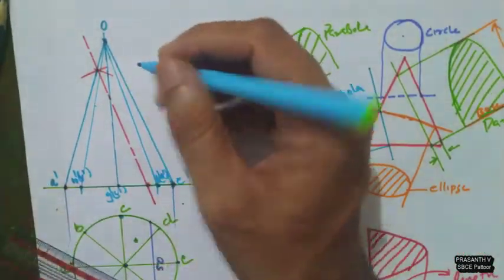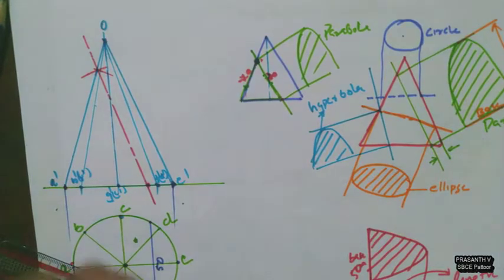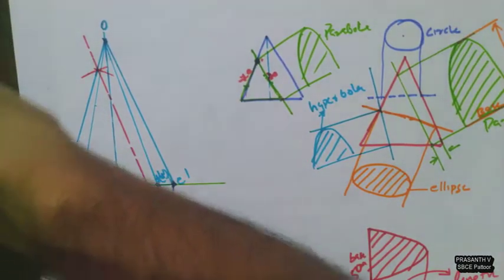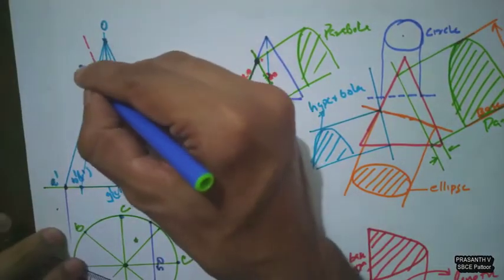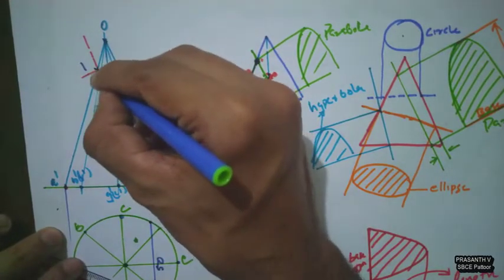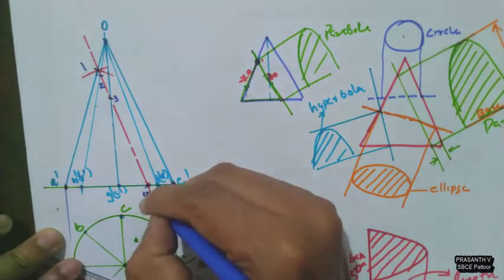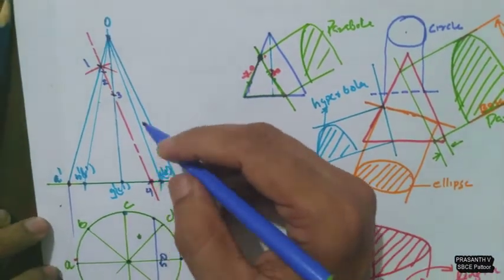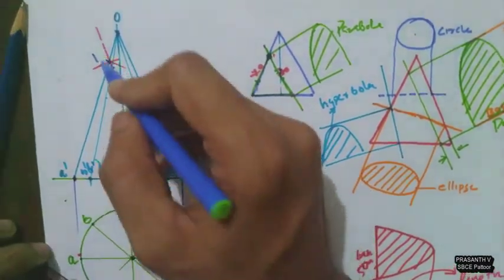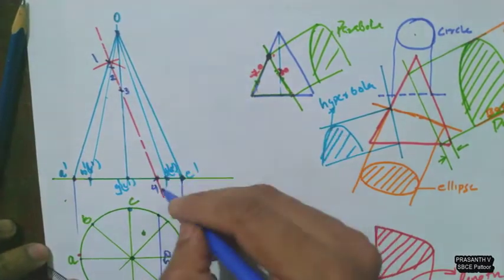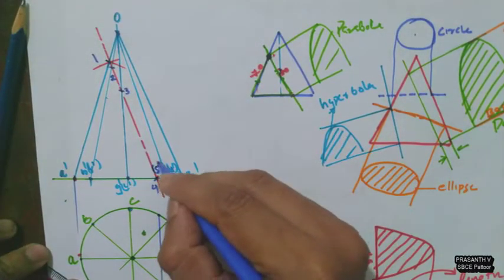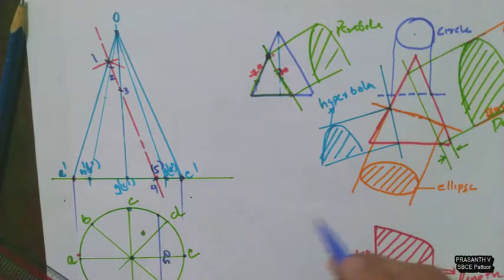Now you can mark the cutting points. Here it is 1. Now this is 2, 3, 4. So points obtained 1, 2, 3, 4. Again one more point will come here, 5.